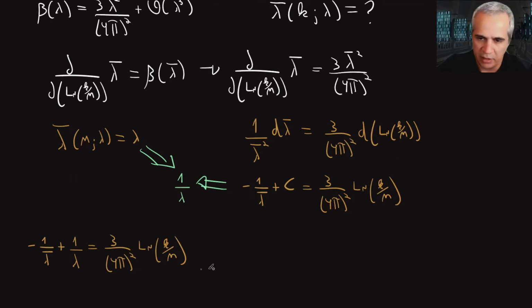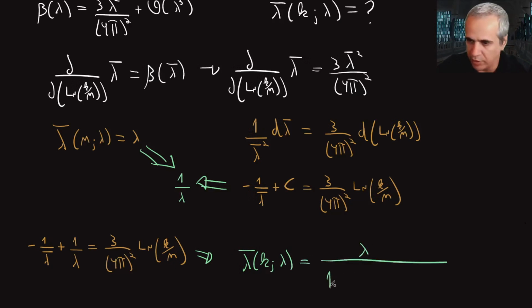Which now I can reorganize to get lambda bar of k, lambda. Just have to put this guy on the other side, invert, and I get lambda over 1 minus 3 lambda over 4 pi square log of k over m.